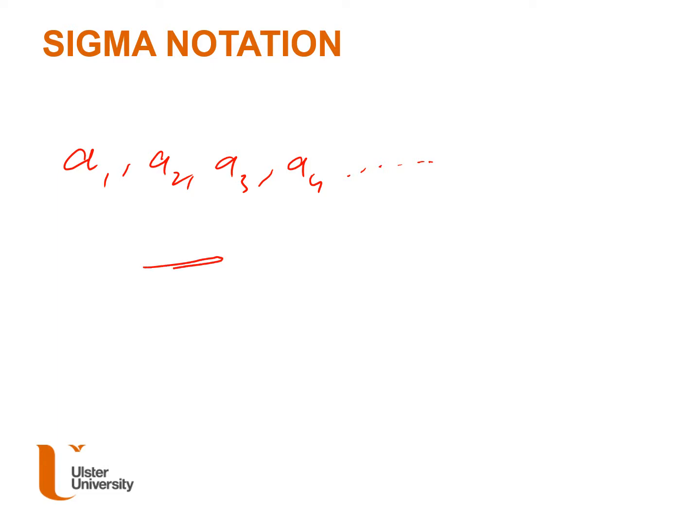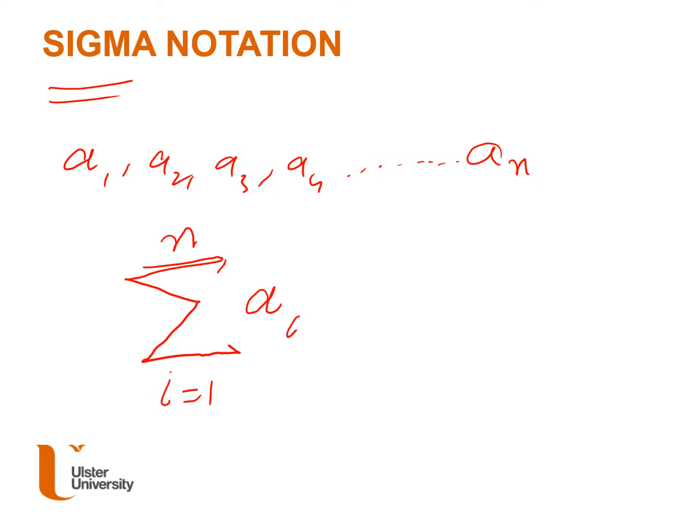We can write one sigma notation. This is known as sigma, and the sequence starts from i equal to 1, and the last term is, let's say, an. The general term is ai.